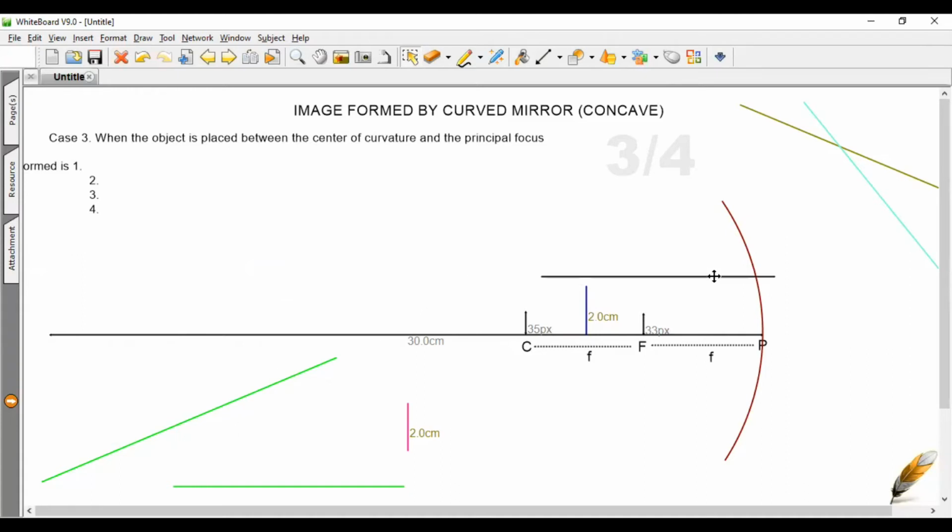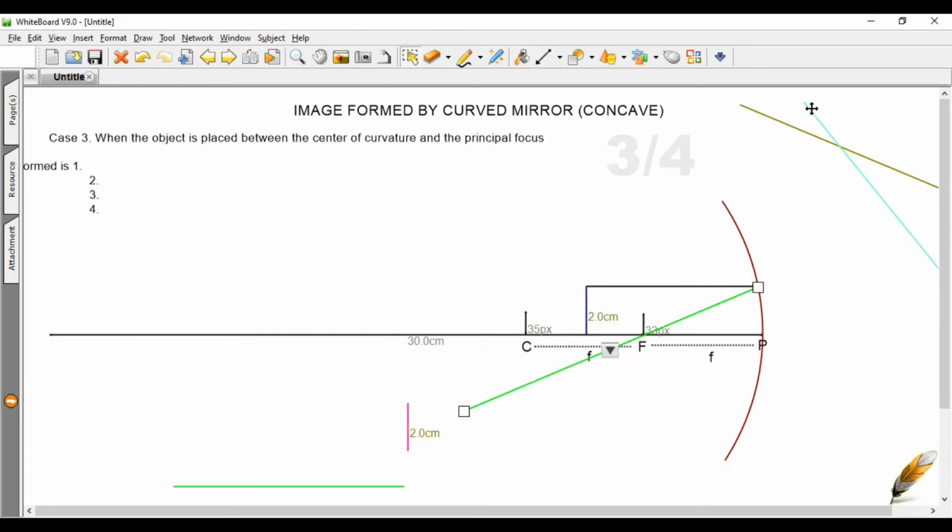The first thing is that the top ray of light, this is coming from here. It hits the mirror. Then the ray will be reflected. It's a converging mirror. The ray will be reflected through the what? Through the principal focus.